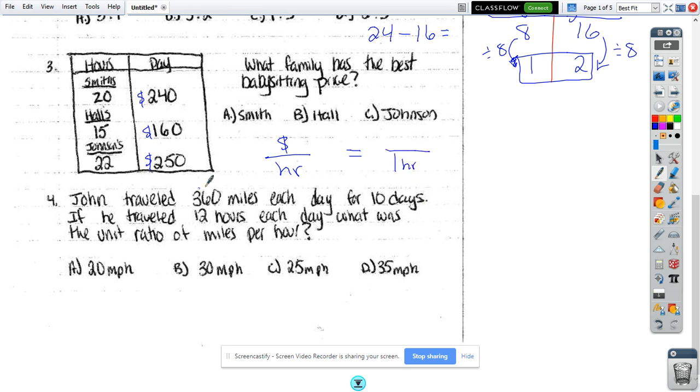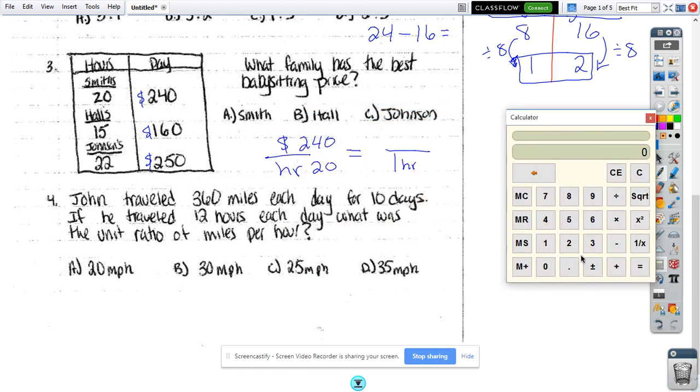So let's go ahead and set it up. All right, I got 240 over 20. And so I can use my calculator. 240. And remember, when we do this, we're dividing down and then multiplying up, because our arrows are going in opposite directions, and so we're going to use opposite operations. 240 divided by 20 is equal to 12.